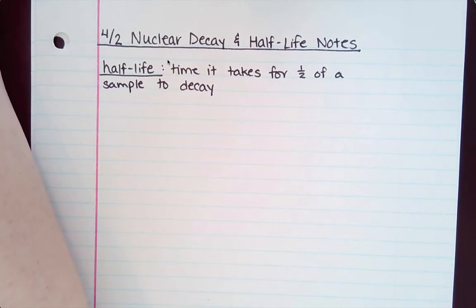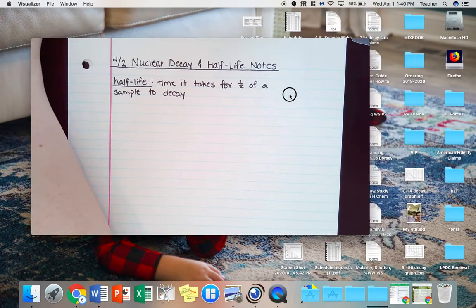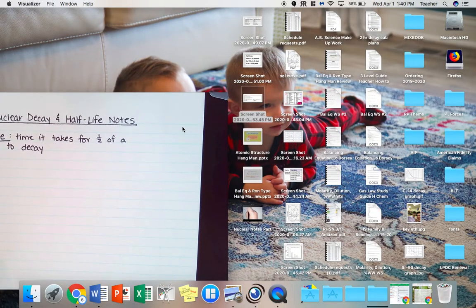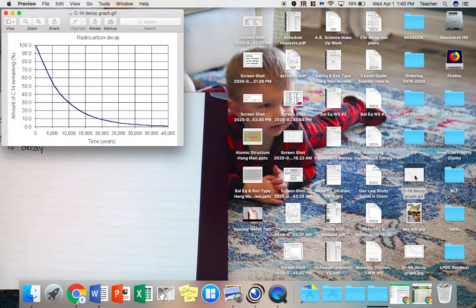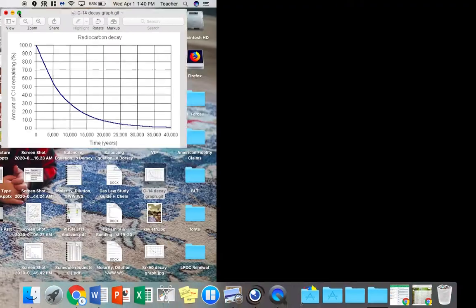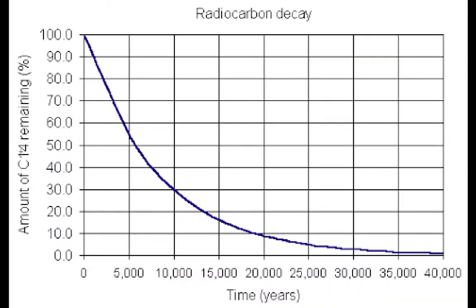So go over here. A common way to figure out how old something is, like a fossil or a rock, is through carbon dating. And it's because we've studied carbon so much, there's an isotope of carbon called C14.